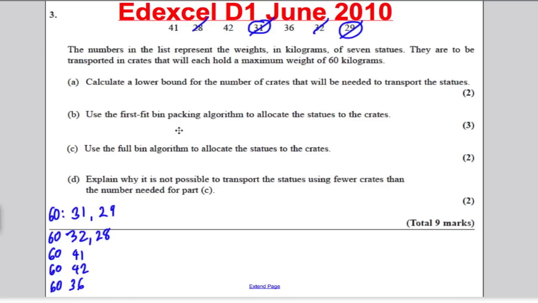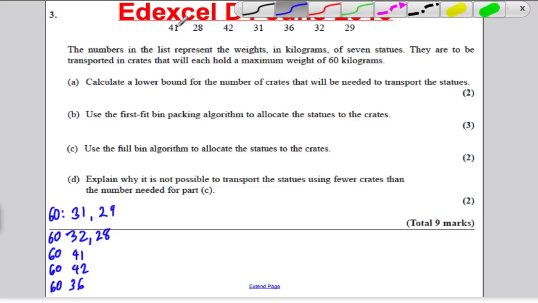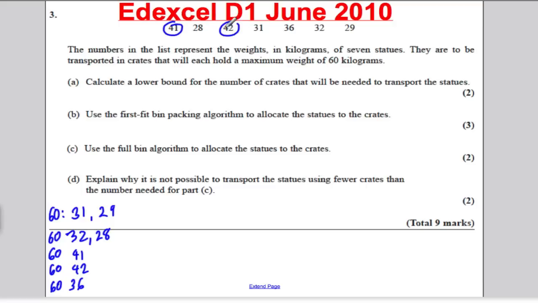And lastly it says explain why it's not possible to transport the statues in fewer crates than the number in part C. Well, if we look back at our original list, okay, how many items have we got over halfway? Well, that's over half, that's over half, that's over half, that's over half, that is over half.